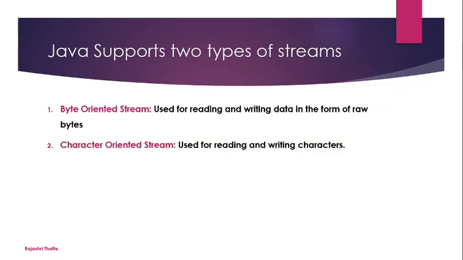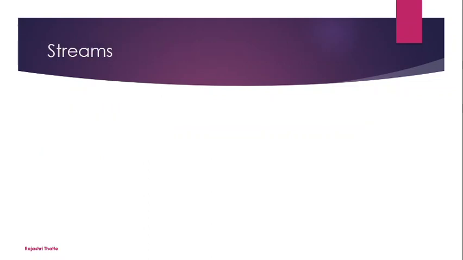Another type is the character-oriented stream. So either you can read or write data byte by byte, or you can read or write data character by character. This is used for reading and writing characters. So instead of byte by byte, here we will handle data in the form of character by character.